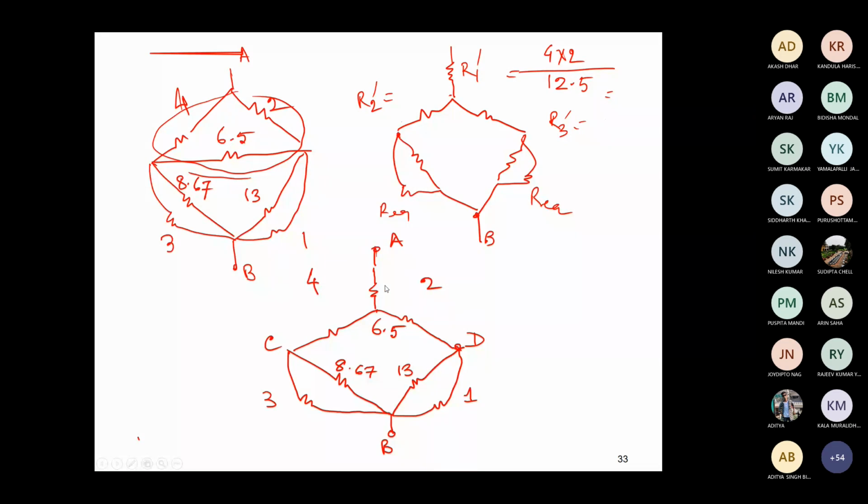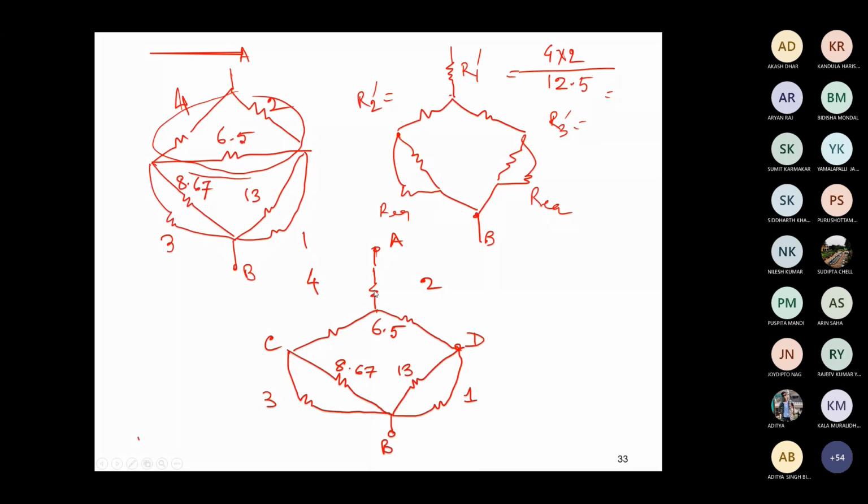So you have some values here, which is R1 dash. This is R1 dash. This is R2 dash. And this is R3 dash. Okay, so now it is easier for you to get the R equivalent between A and B, because R1 dash is in series with this parallel combination, R3 dash is in series with this parallel combination.